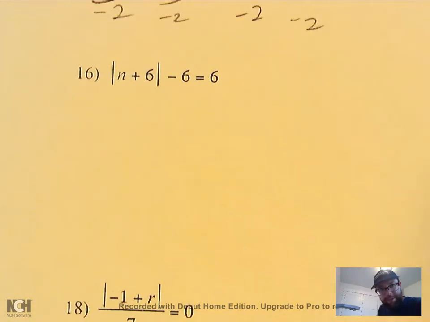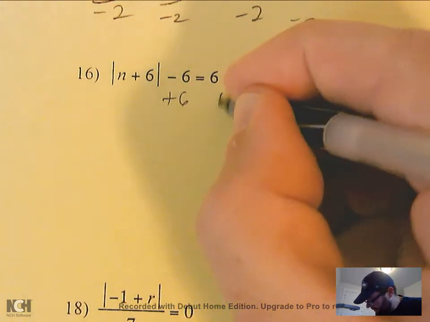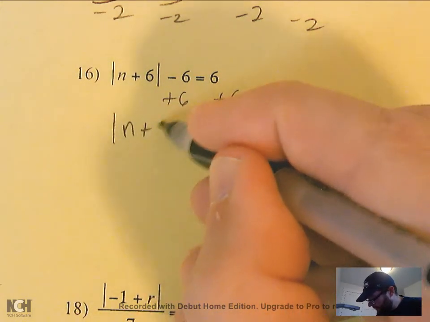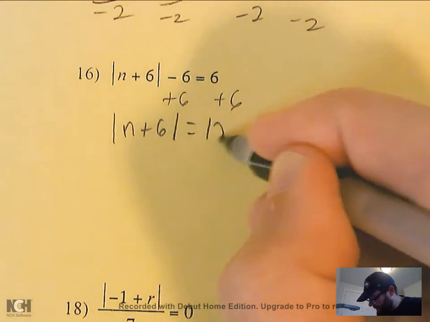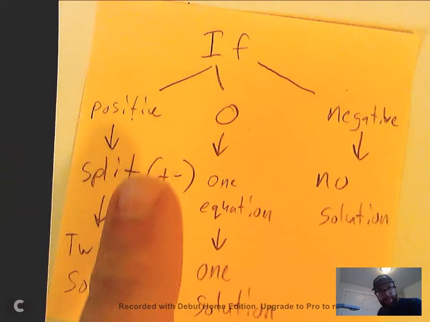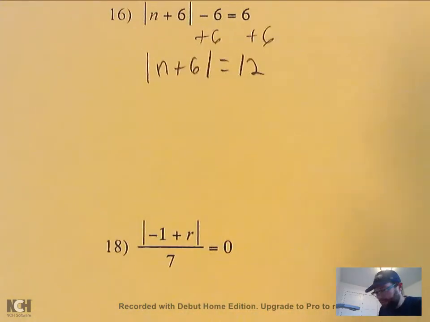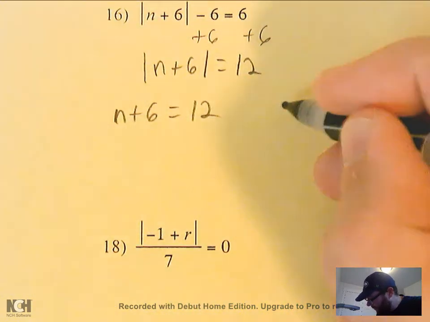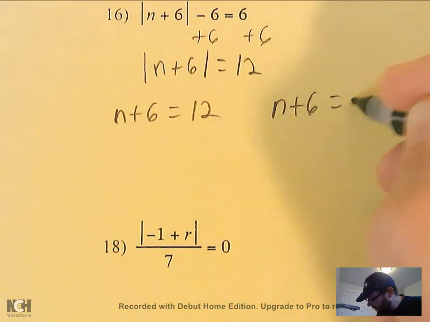Here, on this one, we have a minus 6 outside the absolute value. So we've got to add 6 to get rid of it. Gives me the absolute value of n plus 6 is equal to 12, which is a positive number. So positive number is where I split it, right, into a positive and negative possibility. So n plus 6 could equal positive 12, and n plus 6 could equal a negative 12.